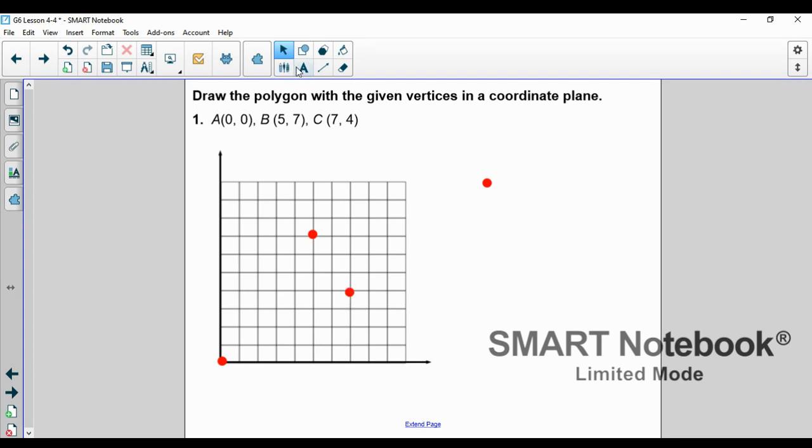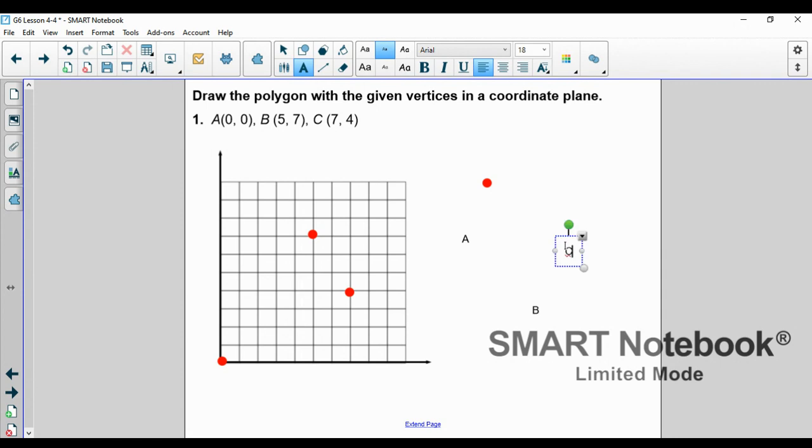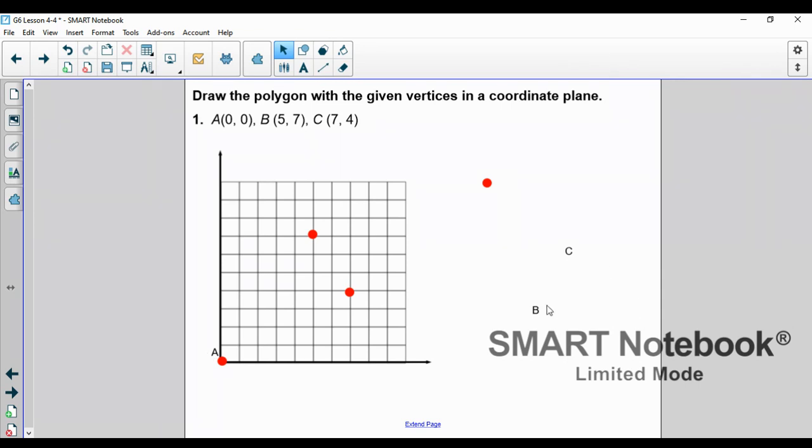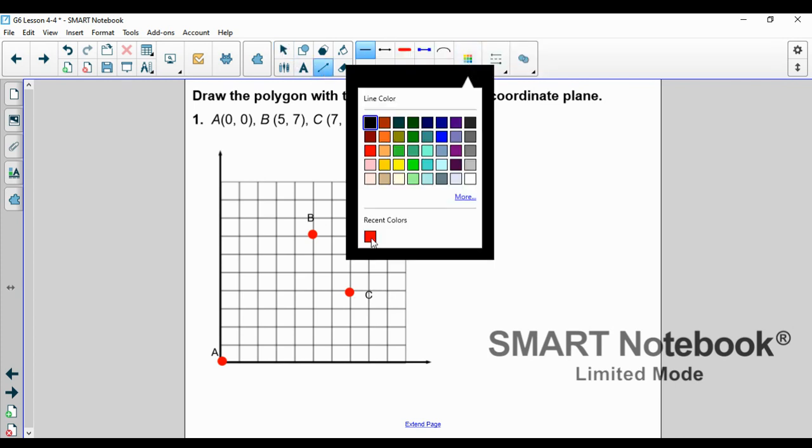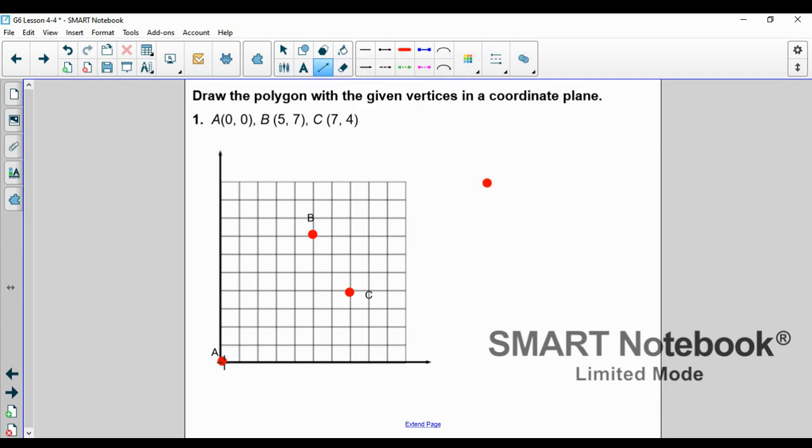And actually I should put letters in here. So this was point A, this was point B, and this is point C. So then I draw my lines. And here I have a triangle.